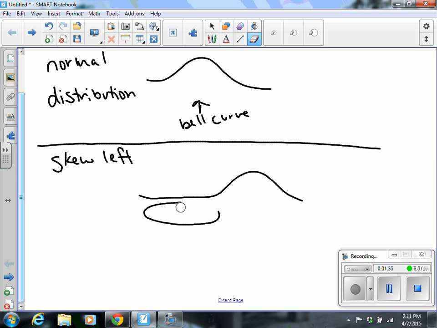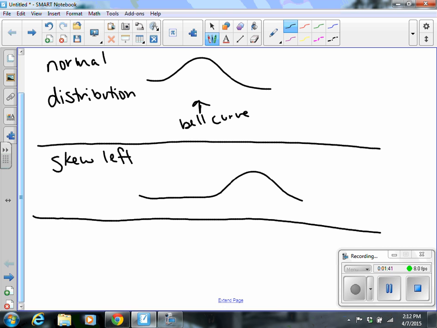I shouldn't say dead part, but there's not a whole lot of data. Okay, so it's backwards of what you would normally think. Skew right then, most of my data falls towards the lower end. This one's always harder for me to draw.